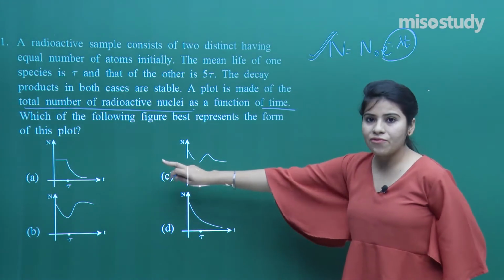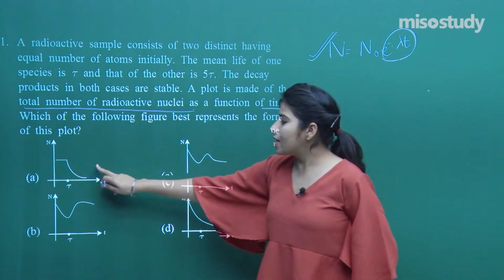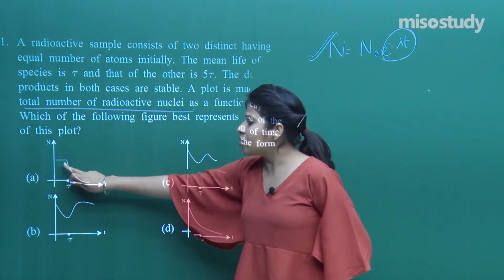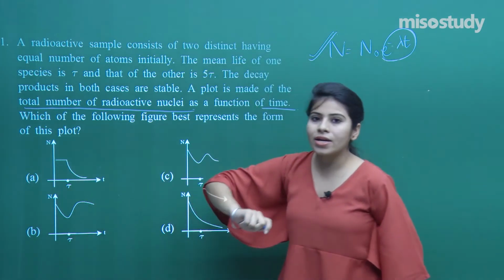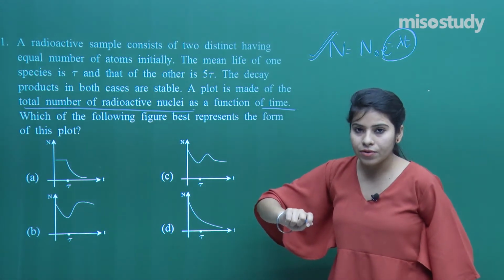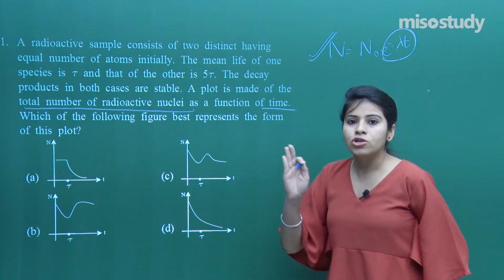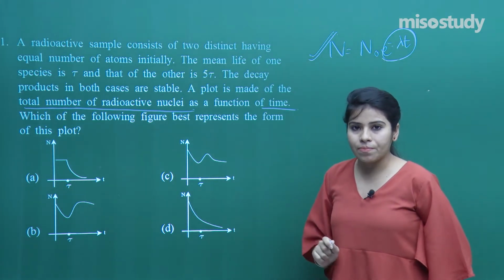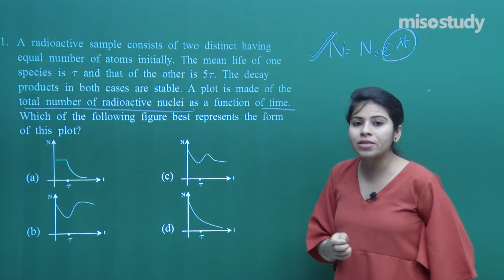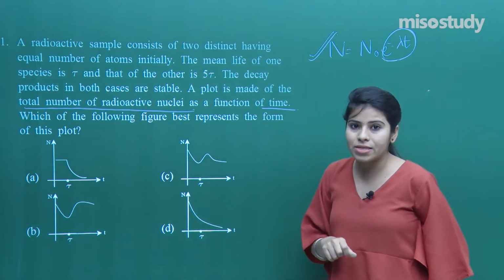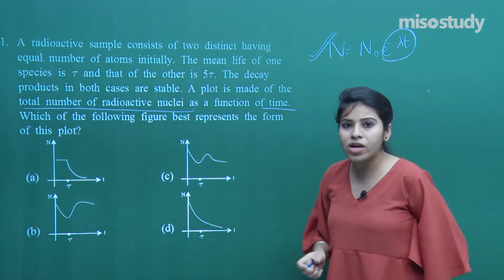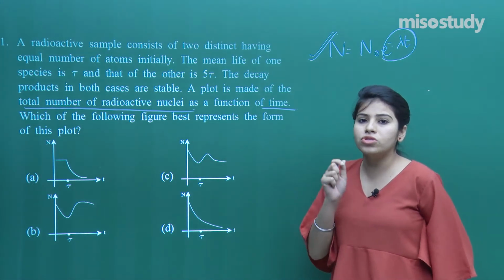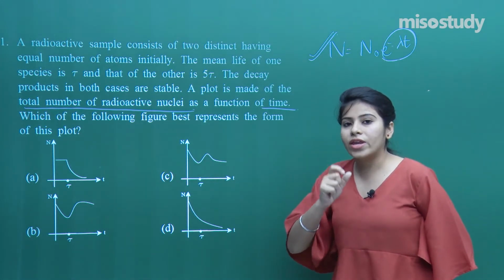If I look at figure number 1, I can see that over a particular interval of time, the number of nuclei is constant. Neither is it increasing nor decreasing with time. But this cannot happen, because we know that a radioactive nucleus starts to decay at the very beginning.